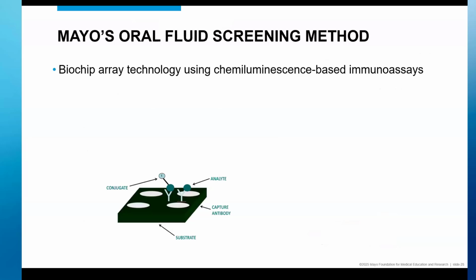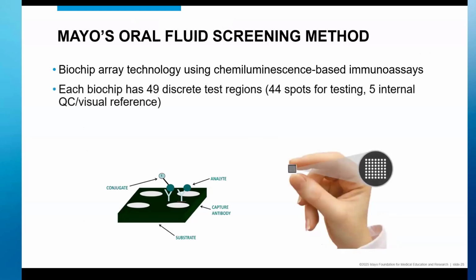So let's talk specifically about what type of tests we are running here at Mayo Clinic in our screening methodology. We are using a biochip array technology. It uses chemiluminescence-based immunoassays. The advantage of these bioarray chips is that there's 49 discrete test regions on there. 44 of those are actually used for testing those 20 individual analytes that I mentioned earlier.